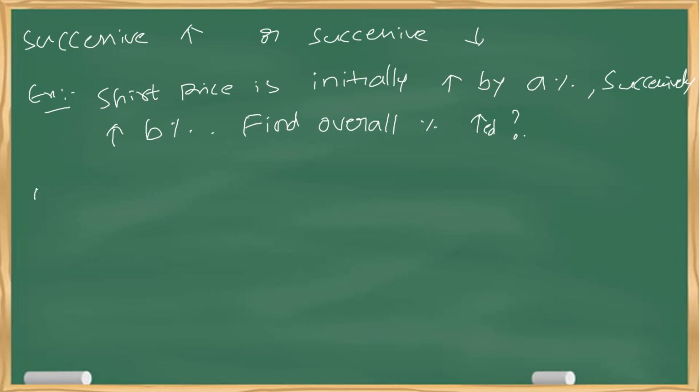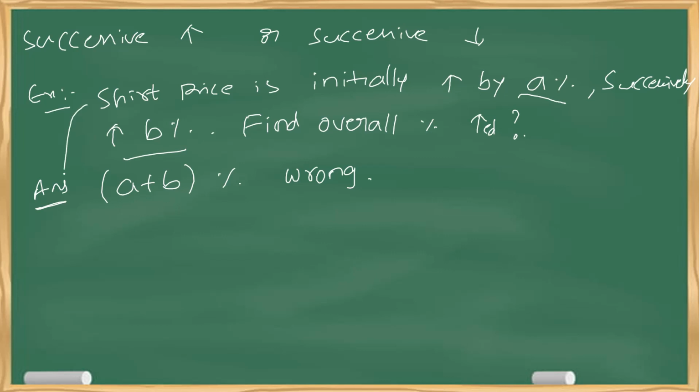So what is the answer for this question is a plus b percentage. This is what many think, but this is wrong. How it is wrong, sir? A percentage increase here and next immediately b percentage increased. No, that is what you need to understand.